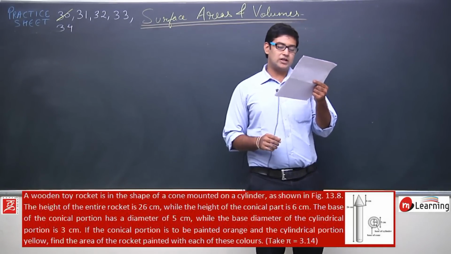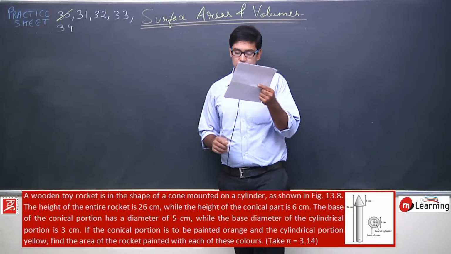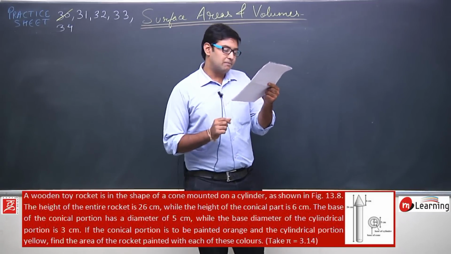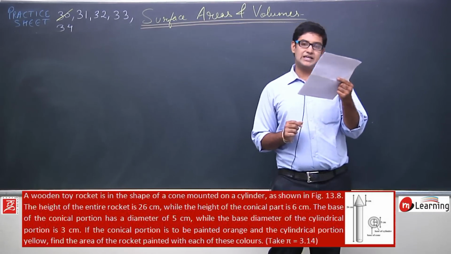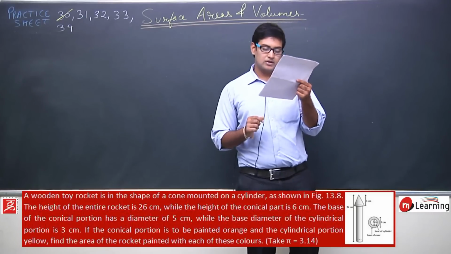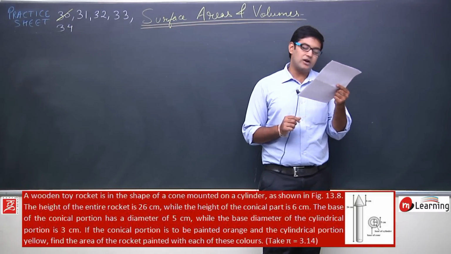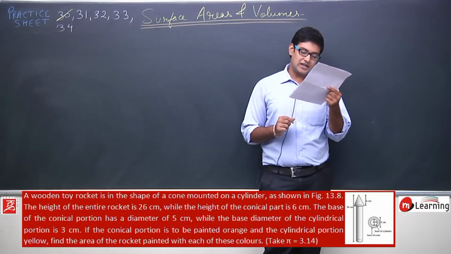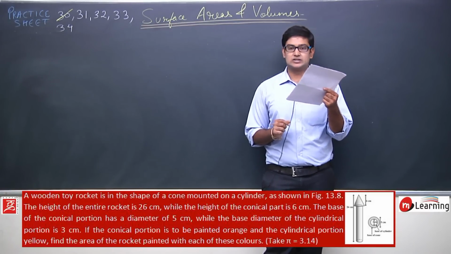The base of the conical portion has a diameter of 5 centimeters, while the base diameter of the cylindrical portion is 3 centimeters. If the conical portion is to be painted orange and the cylindrical portion yellow, find the area of the rocket painted with each of these colors.